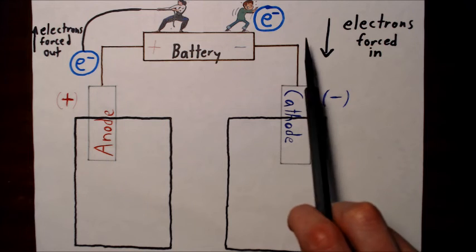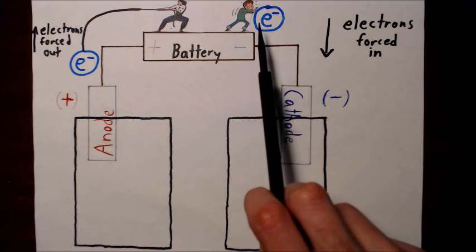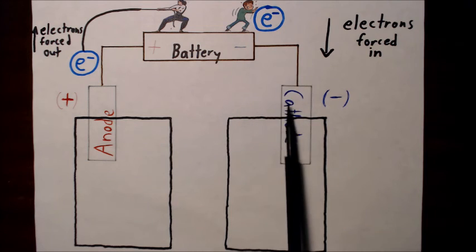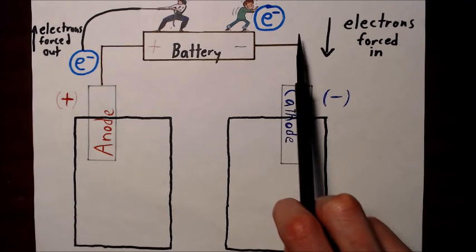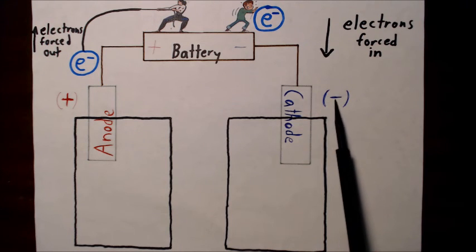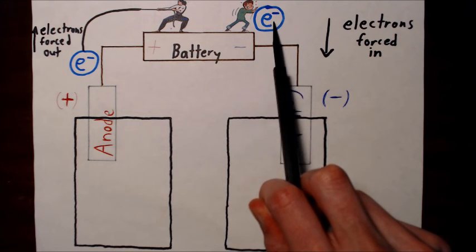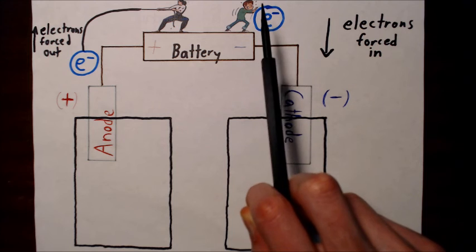A similar thing happens at the cathode. The cathode is unnaturally gaining electrons. It is basically having electrons pushed into it. So it acquires a negative charge to repel the incoming negative electrons, because negative repels negative.